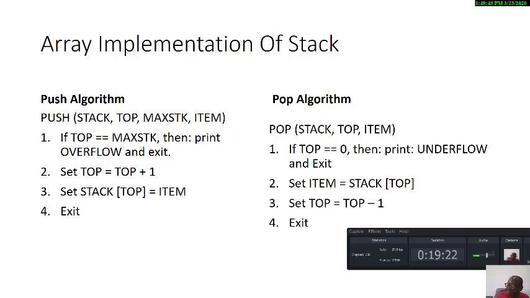Remember our memory leak and dangling pointers that we discussed. So here we set item equals stack at top. Then step 3 is that you need to reduce the pointer: set top equals top minus 1, then we exit. So these are the two basic algorithms for the array implementation of stack.